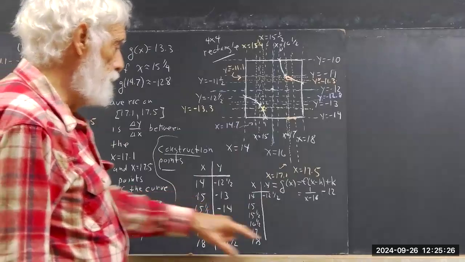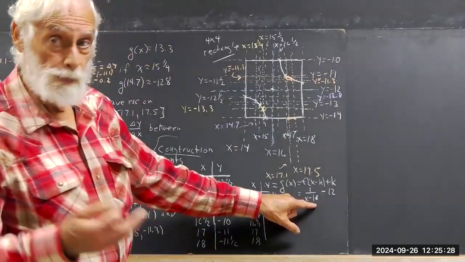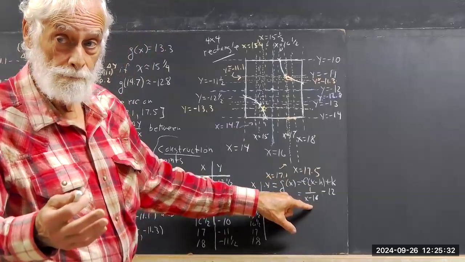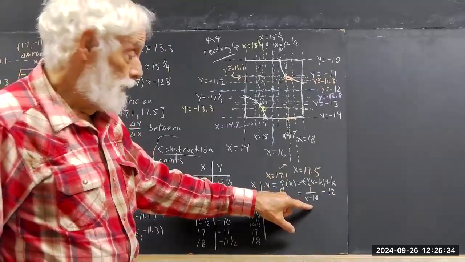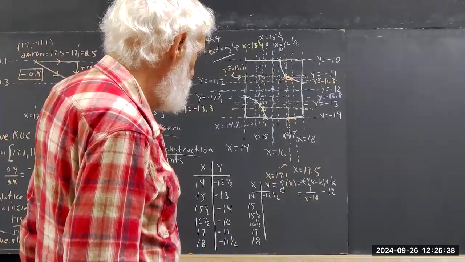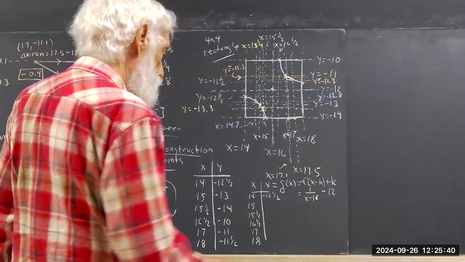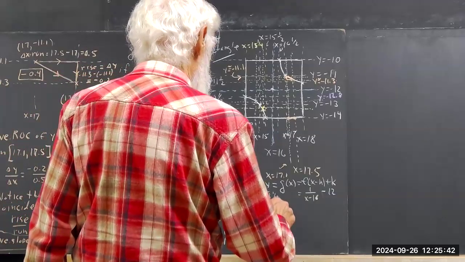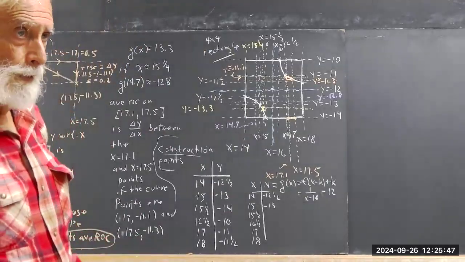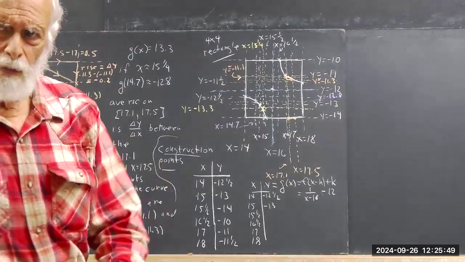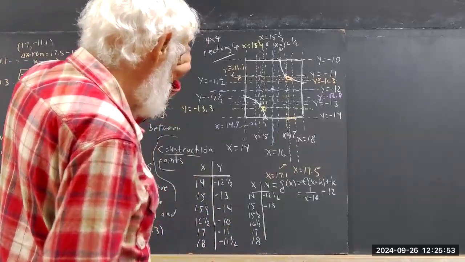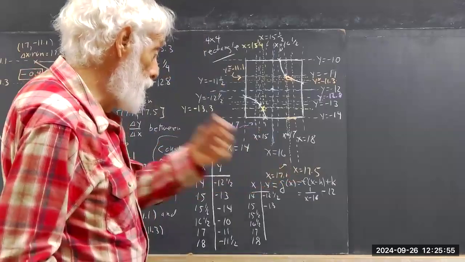Now, if x is 15, 15 minus 16 is what? Yeah, it's negative 1. And 1 over negative 1 is what? Yeah, right, it's negative 1. And negative 1 minus 12 is negative 13. And you should be able to think that through in your head. Now you write it out and then think it and understand why it's so. Okay, it sort of makes sense. If it doesn't, at least be able to calculate it.